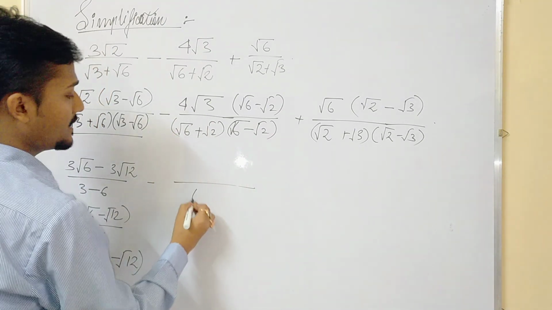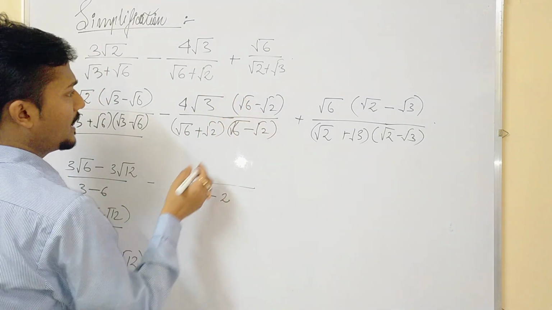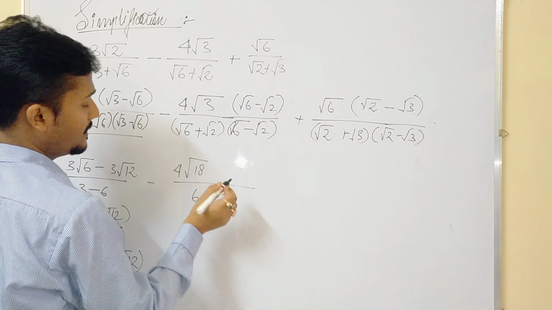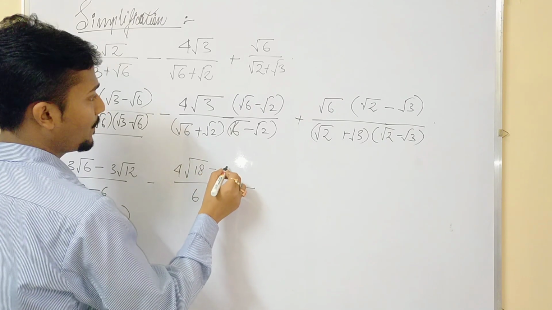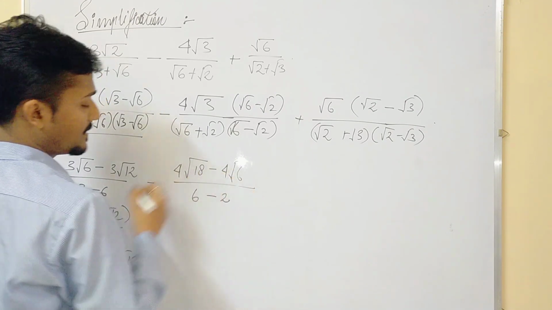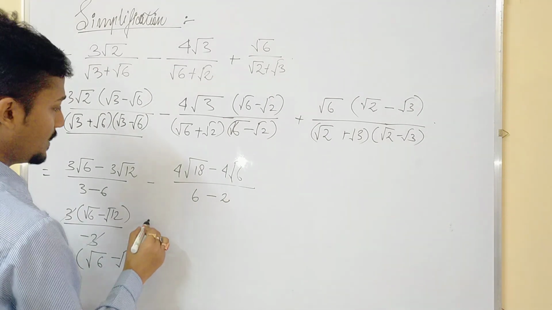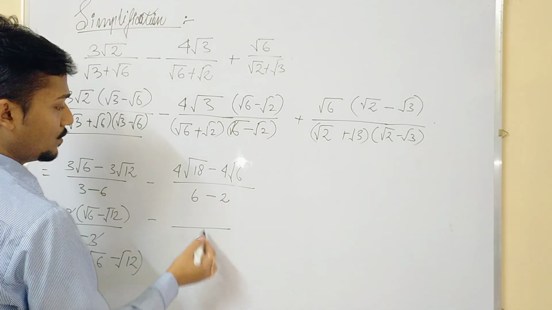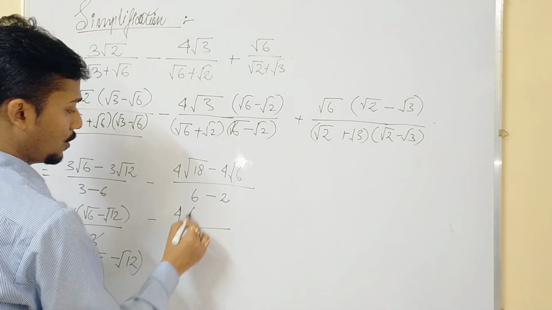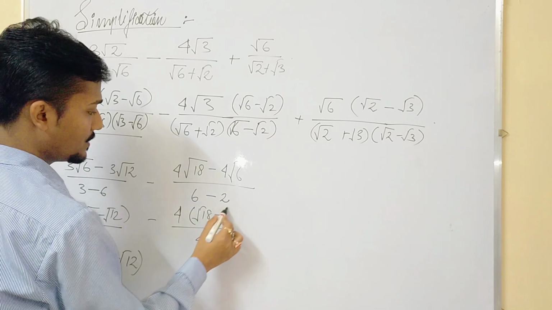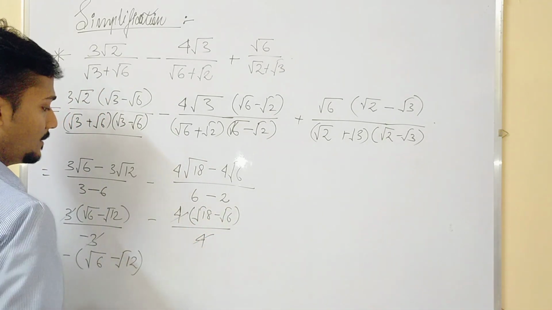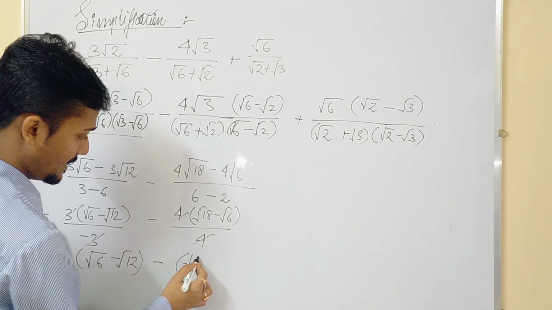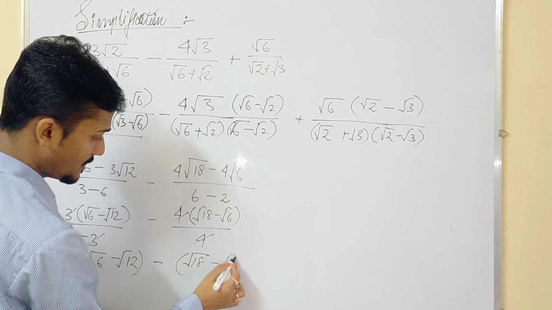So this will be equal to 6 minus 2. And here if we multiply, we will get 4 root 18 minus 4 root 6, which will be equal to minus, 4 common, root 18 minus root 6, 4 cancel, we will be getting minus root 18 minus root 6.